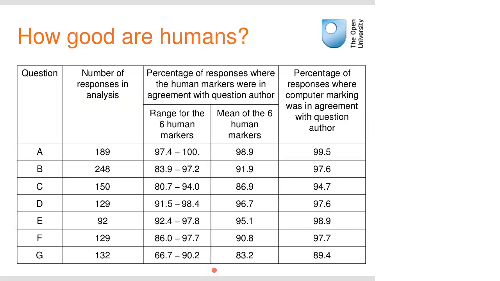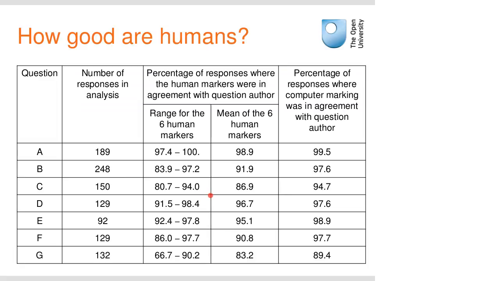And they compared how consistent the human markers' grading was with the person who created the questions. This is kind of science, like 90%. They're clear factual questions. So it's quite surprising how inconsistent different human markers are.